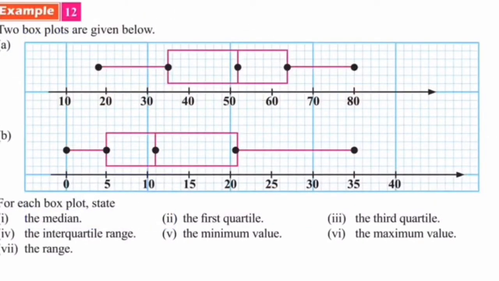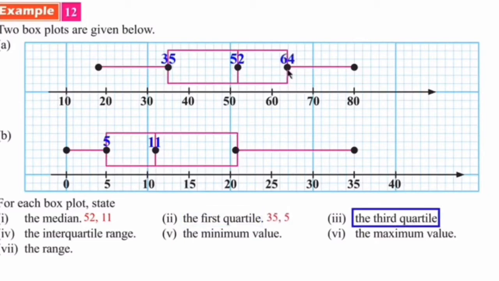So for this example 12, we want to discuss how to determine the median. Median is the data at the middle, so 52 and 11. First quartile is 35 and 5.